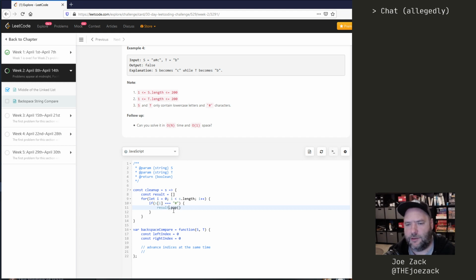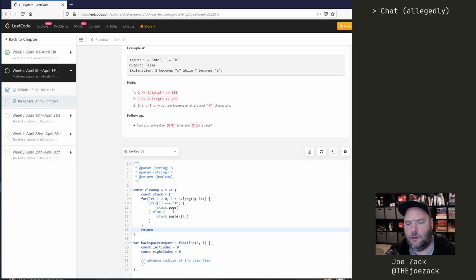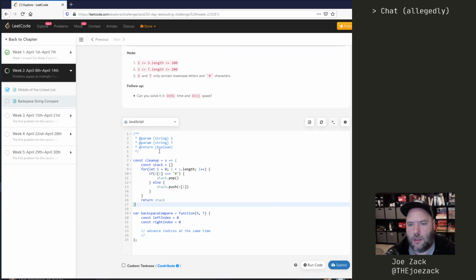So we'll actually call this stack. Else stack dot push S at I. We'll return our stack, and that will be an array, and all will be good there. And so I think that function is good.